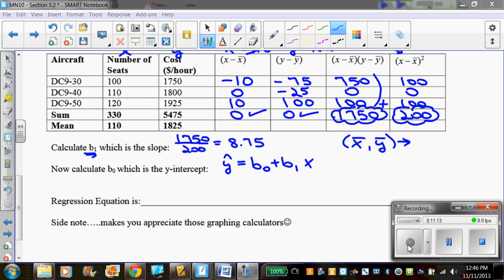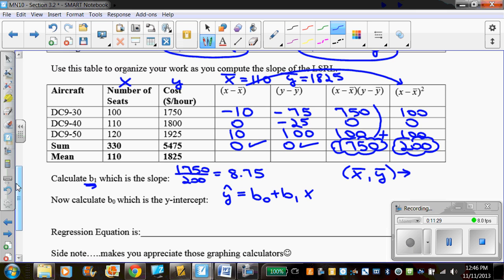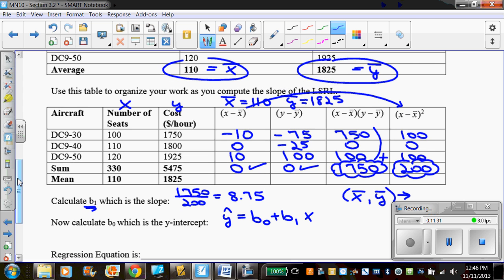I wrote the regression equation, which is y hat equals b naught, which is your y-intercept, plus b1, which we calculated up above, times x. Now I'm going to remind you that this x bar, y bar, which is your average point, is 110, 1825.